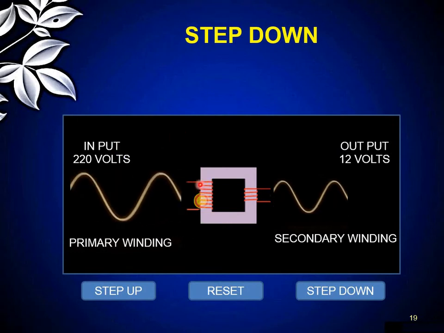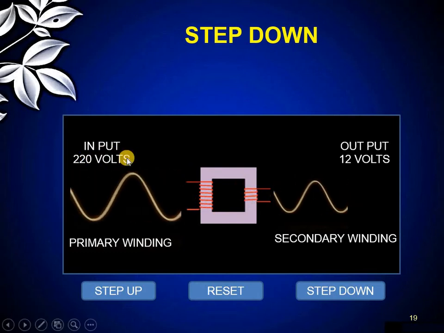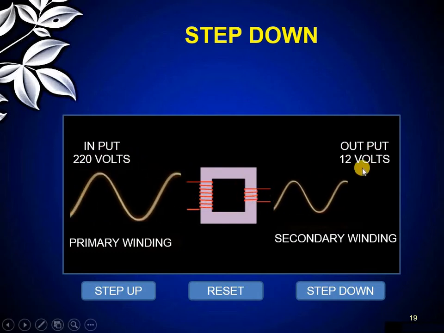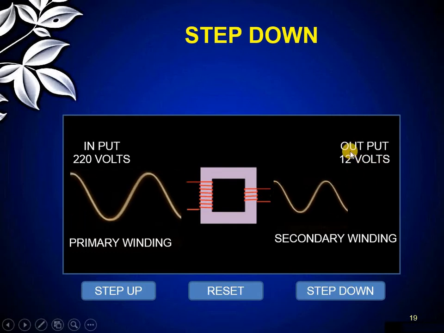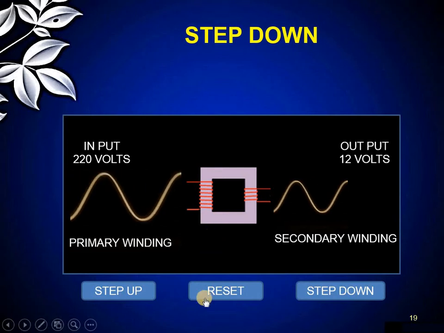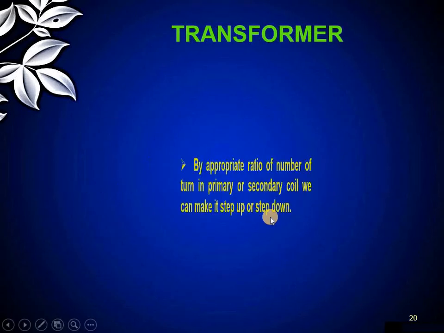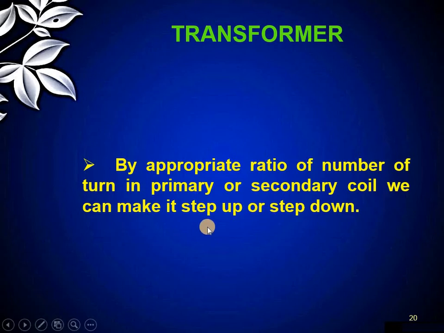It's a lot of turns and a few turns. 220 volts comes in, and at the output we get 12 volts. By an appropriate ratio of the number of turns in the primary and secondary coil, we can make it step up or step down.